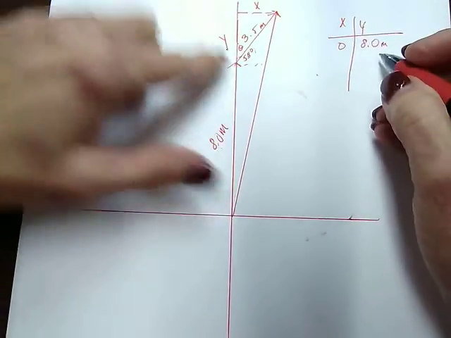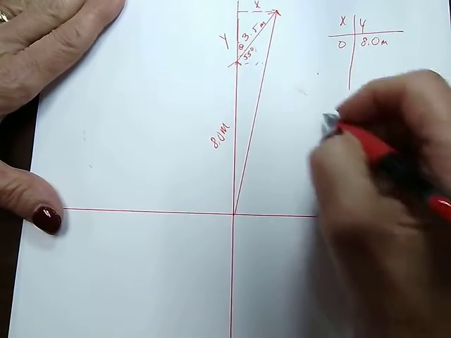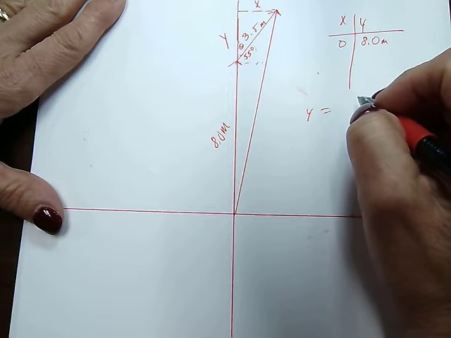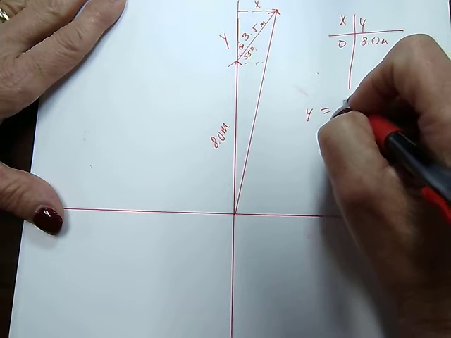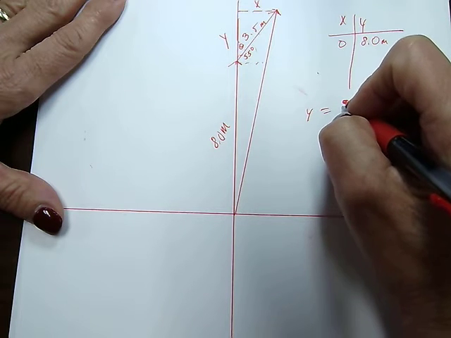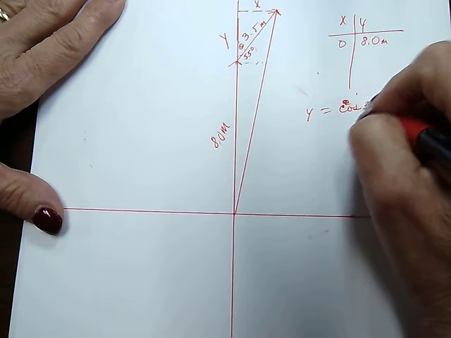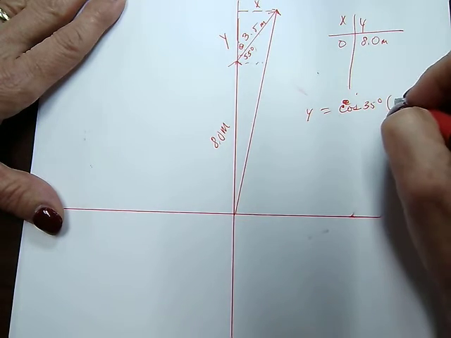Okay. So for my y value, I'm going to say, adjacent, hold on just a second, cosine of 35 degrees times the hypotenuse.